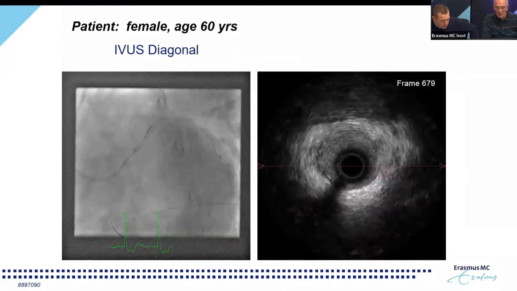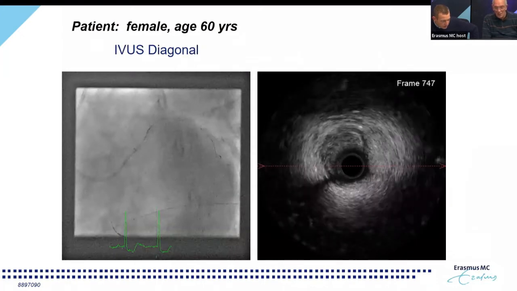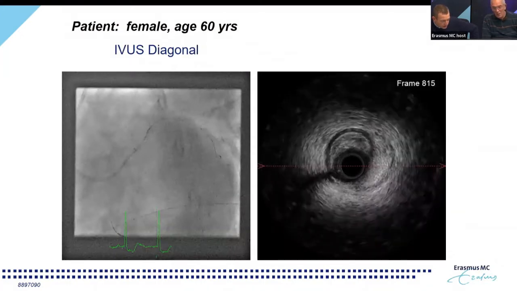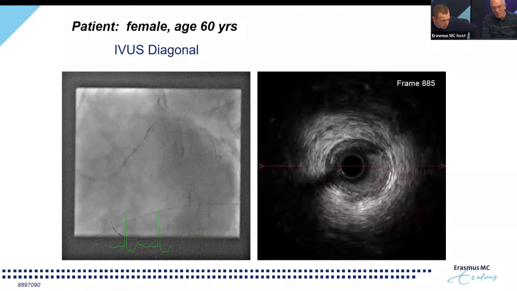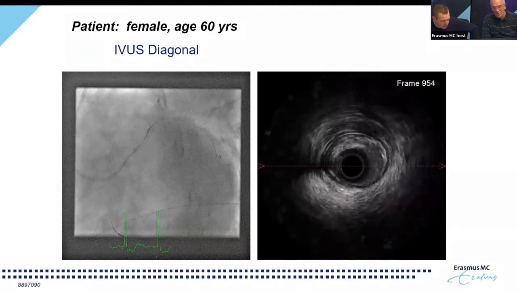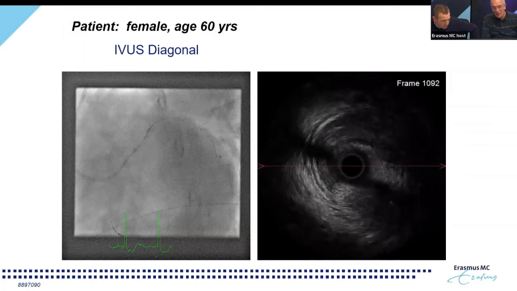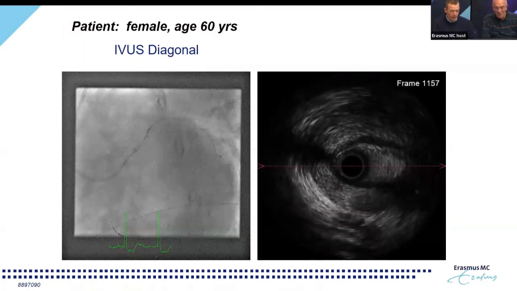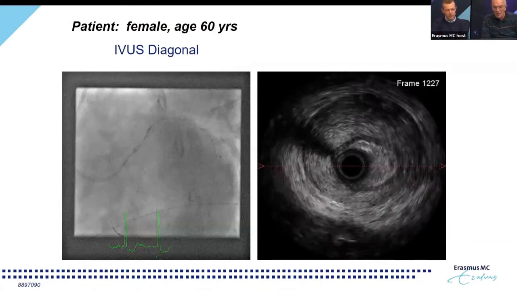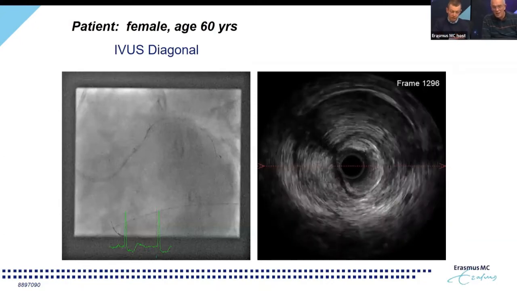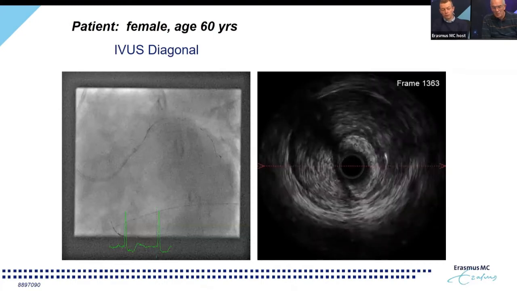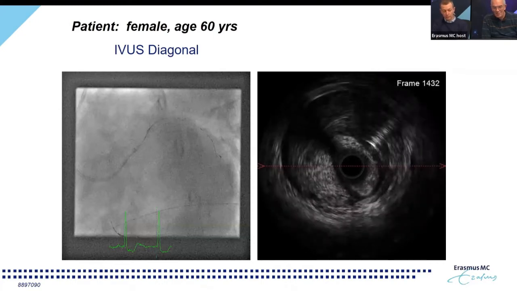So in this case, the operator re-engaged the left main and started a pullback of the diagonal branch, simply because the first wire quickly went into this diagonal, which already suggested that this wire would be in the correct lumen.